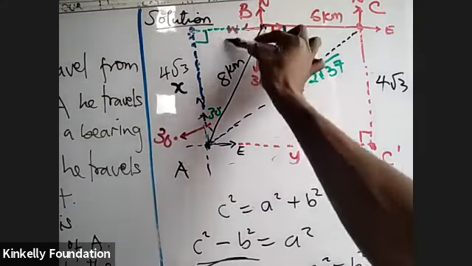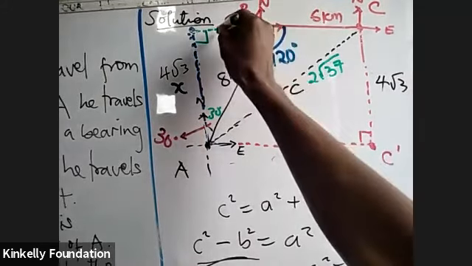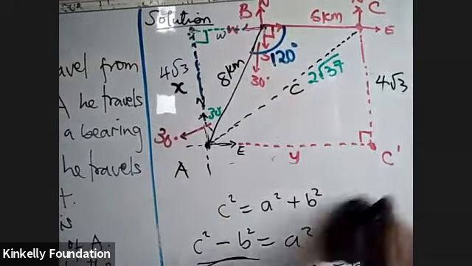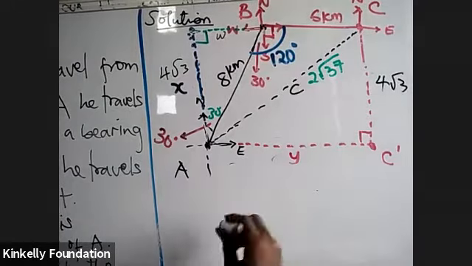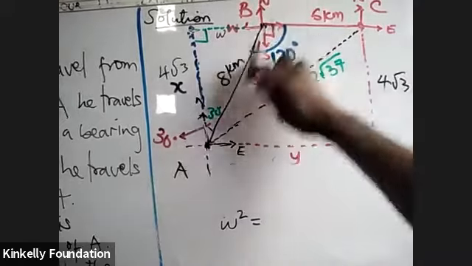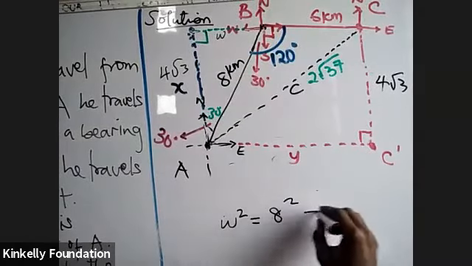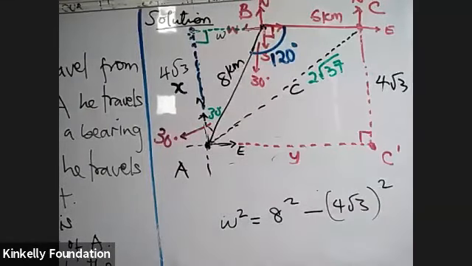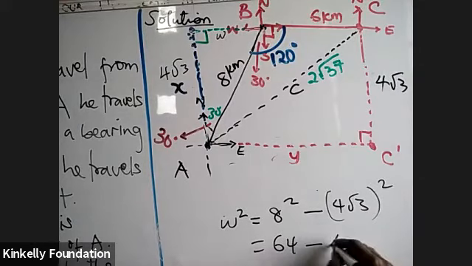To find this particular aspect, let me call it W. Now, W squared will be, this is the hypotenuse, 8 squared minus 4 root 3 all squared. So this gives us 64 minus 16 times 3, which is 48. Subtract 64 minus 48 to give us 16.